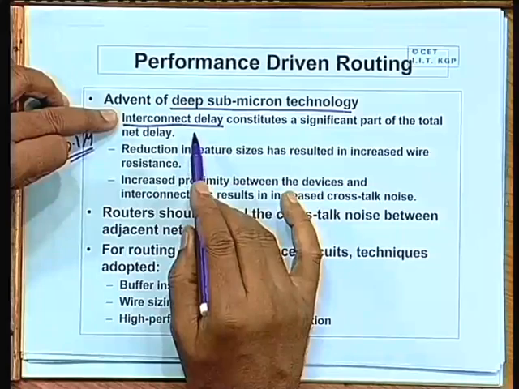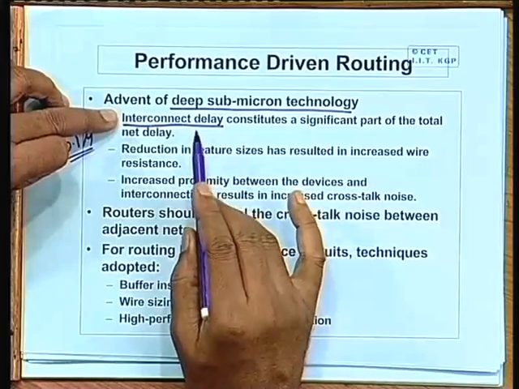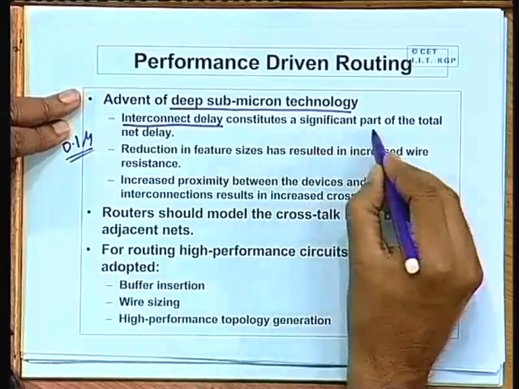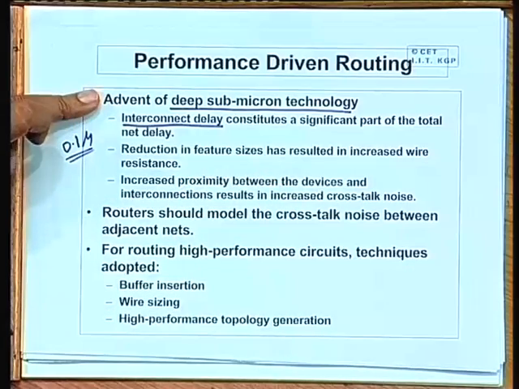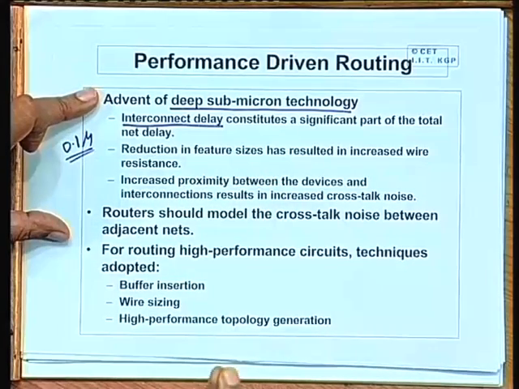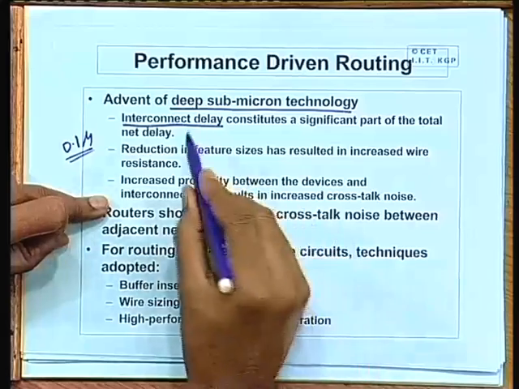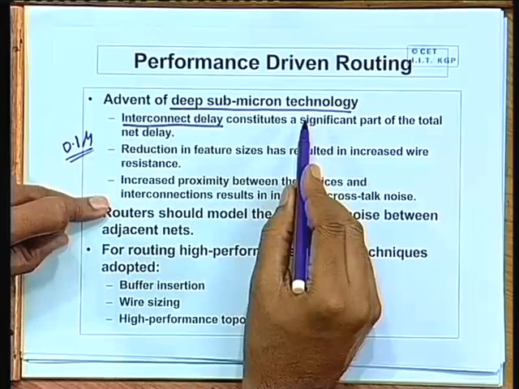So if you are not careful, the interconnect delays will finally constitute the total overhead in terms of performance, and your final chip performance will depend on the interconnection overheads. So the significant part of the total net delay will be your interconnection delay. So your main criteria here will be to route the nets in a very proper way.